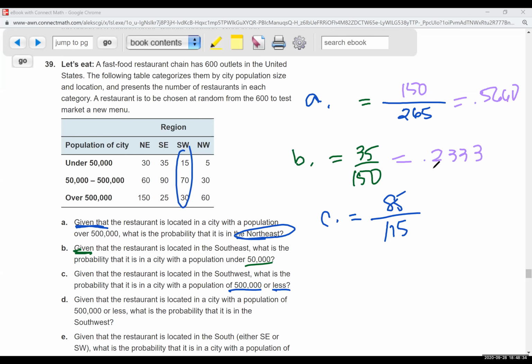Yes, that's correct. 15 and 70 are within the Southwest column and both are less than 500,000. So you add 70 plus 15 is 85, and 85 over 115 is 0.7391. Very good.